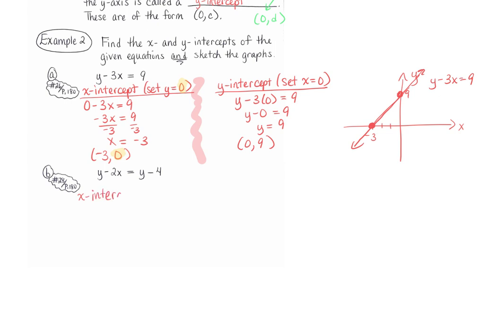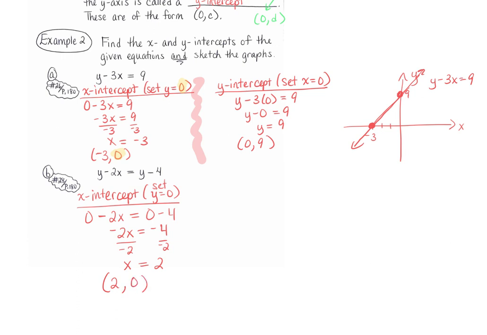Remember, you set y equal to 0 and you solve. So we have 0 minus 2x equals 0 minus 4, which means negative 2x equals negative 4. Divide both sides by negative 2. That gives us x equals 2, which means because y is 0, our x-intercept is 2, comma 0.